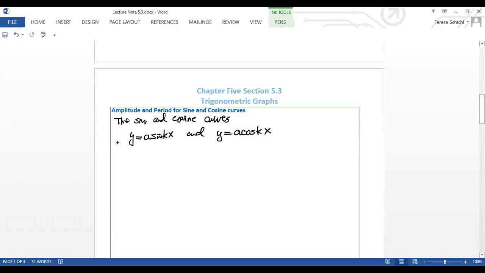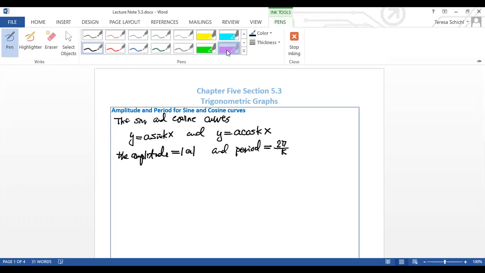The way we define the amplitude will be equal to the absolute value of a, and the period will be equal to what? Because if we don't have a constant, it's 2 pi, the period will be 2 pi divided by k.